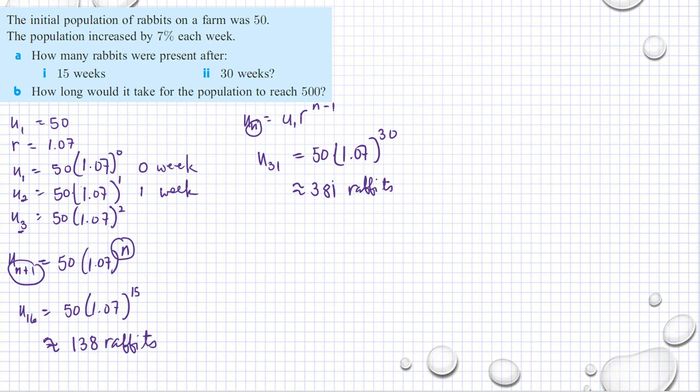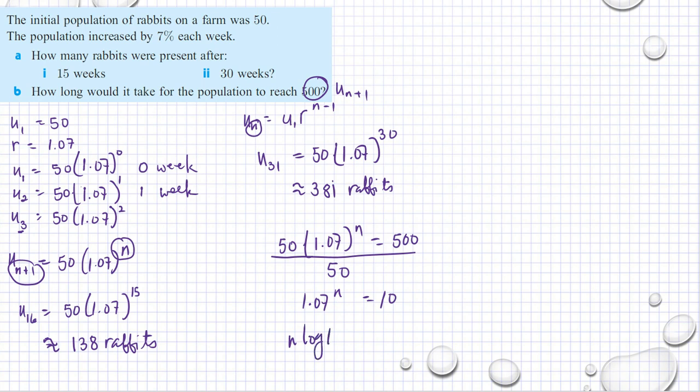How long would it take for the population to reach 500? So now this is our u sub n plus 1. So we have 50 multiplied by 1.07 raised to n is equal to 500. If we divide both sides of the equation by 50, then we have 1.07 raised to n is equal to 10. Take the logarithm of both sides, then we have n log of 1.07 is equal to log of 10.